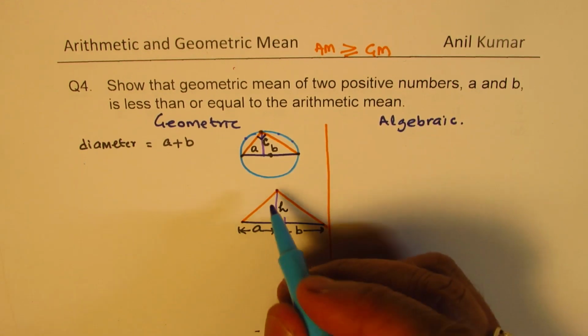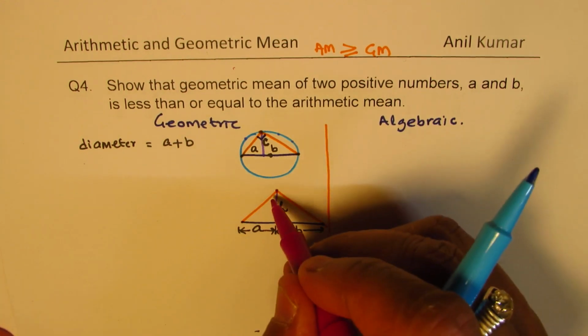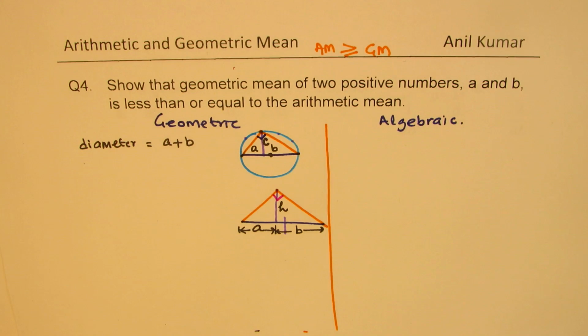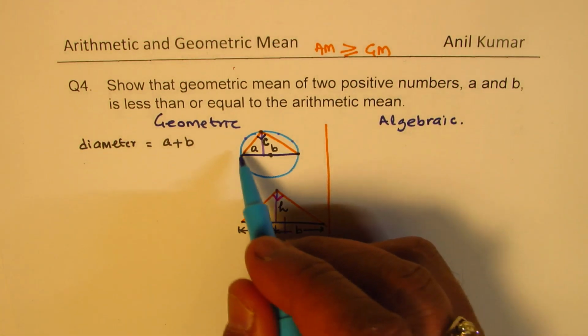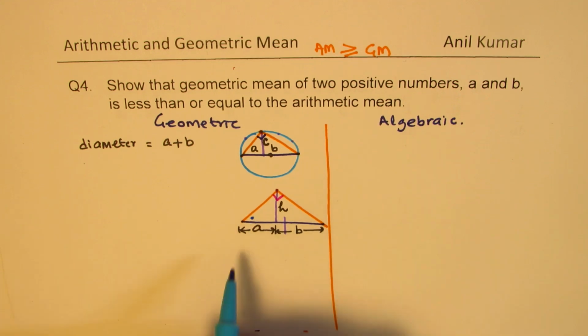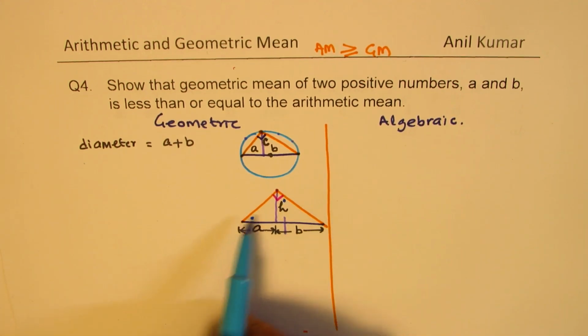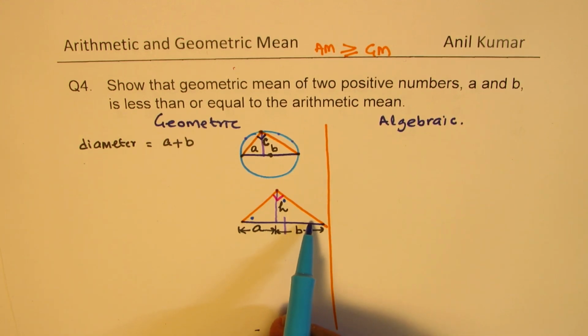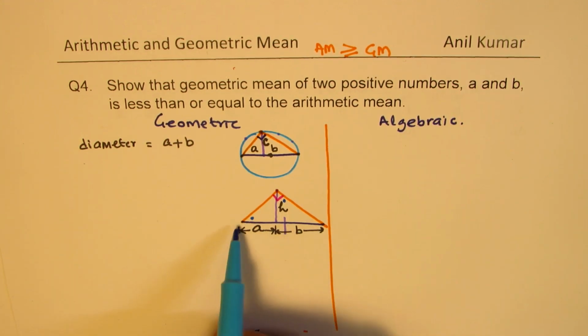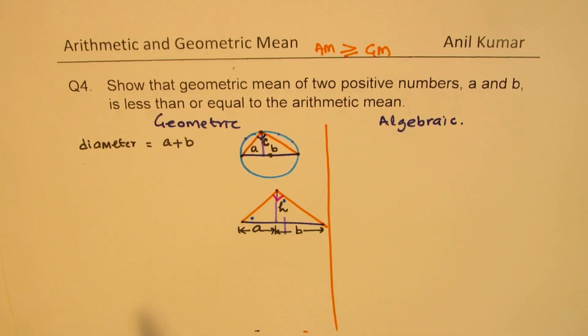Now you will notice that since we have a 90 degrees right there at the vertex on the circumference of the semicircle, this angle is theta, which will be equal to that angle, correct? Since that is 90 minus theta, right? So this and this angle are the same. 90 minus theta, that is theta, same angle, correct?